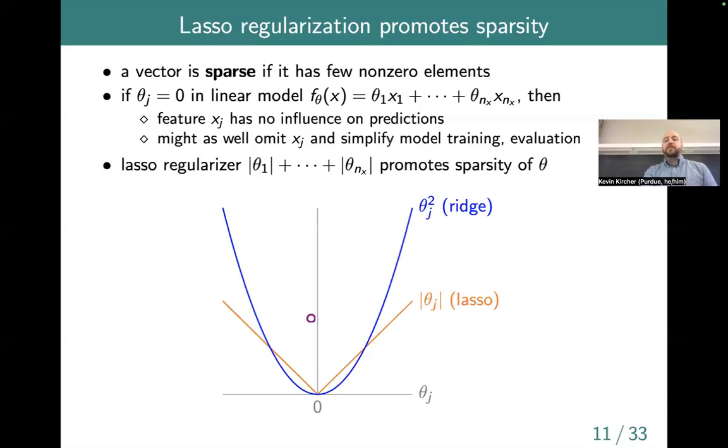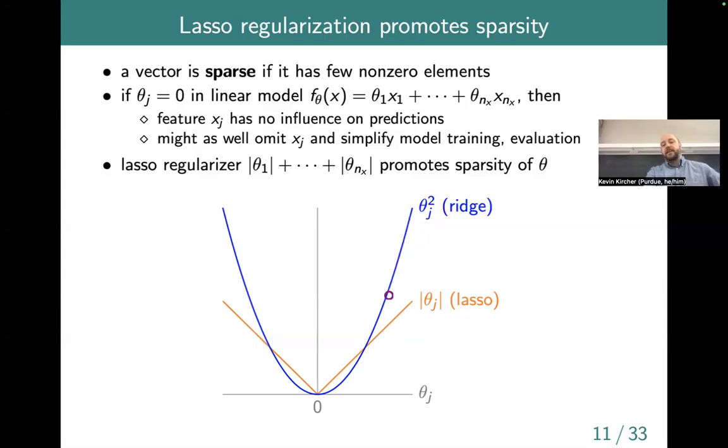Okay, so this plot looks almost exactly the same as the one that I showed a couple of slides ago about the loss function. But here we are showing L2 or ridge regularization of a parameter theta j versus lasso regularization. And so again, we get this fact that basically, if you're trying to make a number theta j small, here you have a huge incentive to reduce theta j an incremental amount when theta j is large.